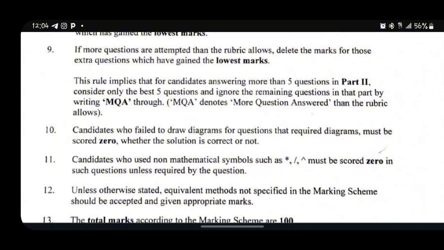Okay, number 10. A candidate who fails to draw a diagram for questions that require diagrams must be scored 0 whether the solution is correct or not. This is very important.